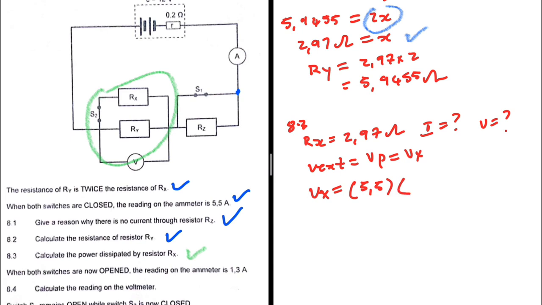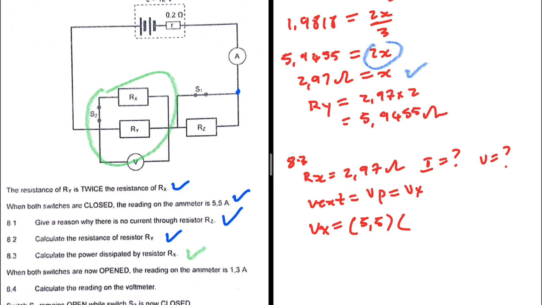The external resistance is 5.9455, which is Ry plus Rx. Well, that is not the right way of doing it because they're in parallel. So we should be using Rp, which is 2X over 3. X is 2.97, right?